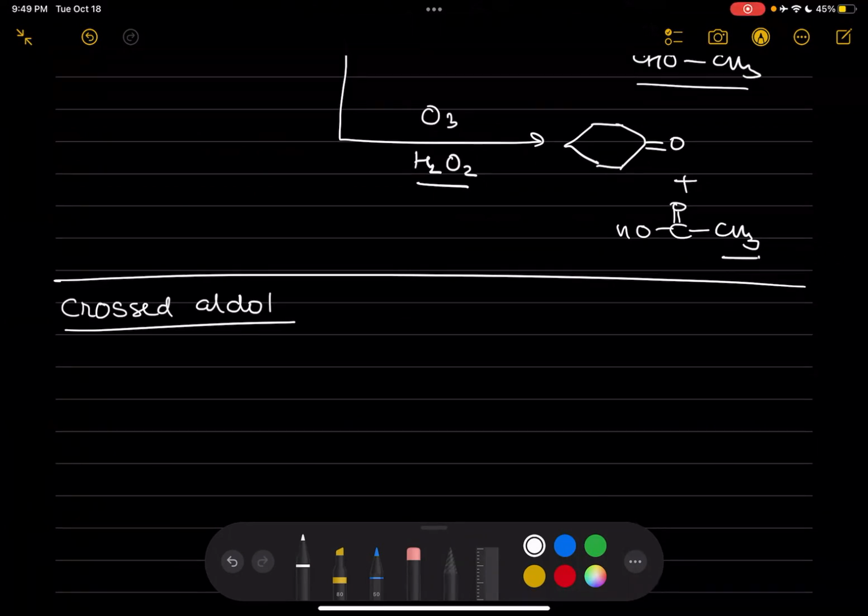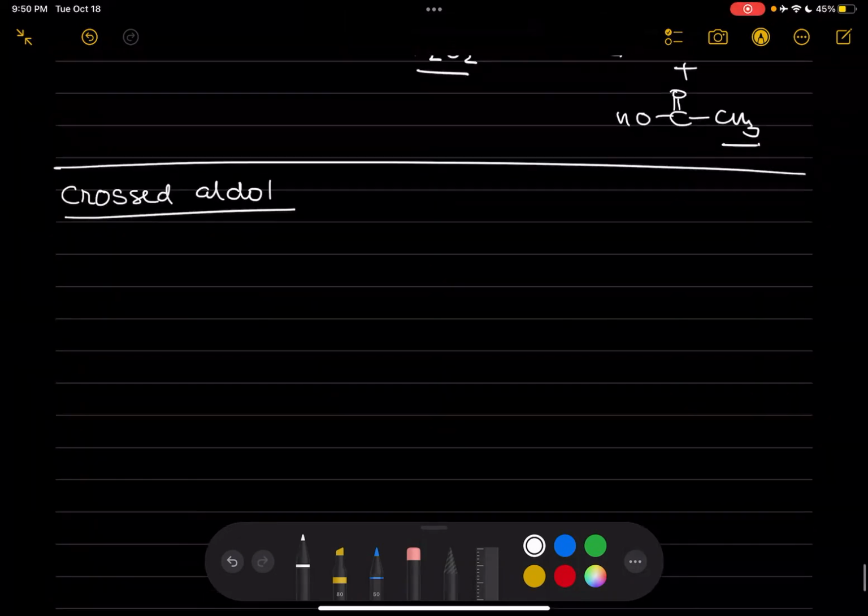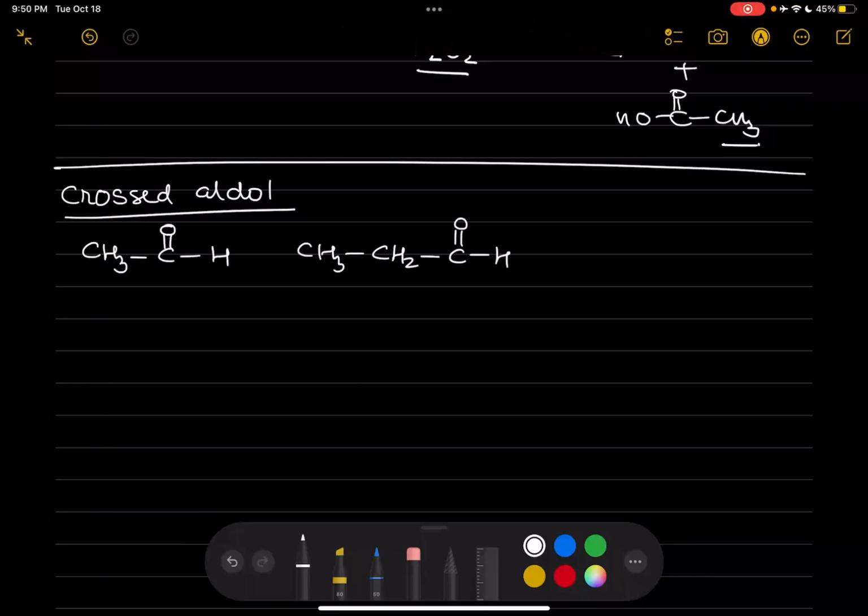So crossed aldol. What do you understand by cross reaction? The last reaction we have seen had the same aldehyde or ketone undergoing aldol condensation, but here you choose two different aldehydes or ketones. Okay. So how many products can you expect if you do the crossed aldol of acetaldehyde and propanal?